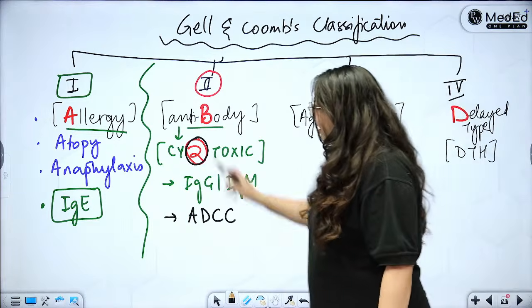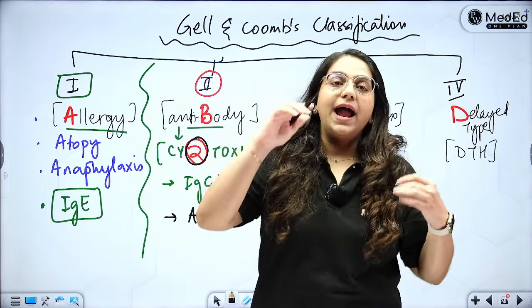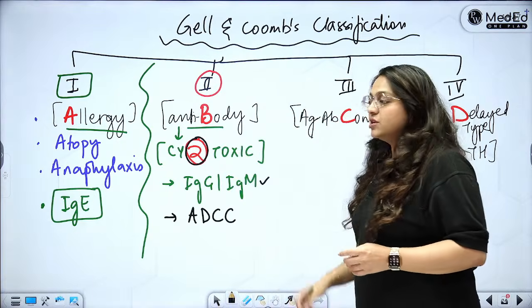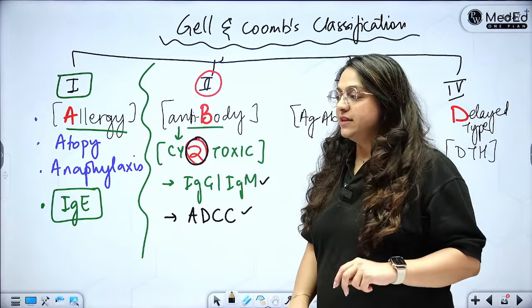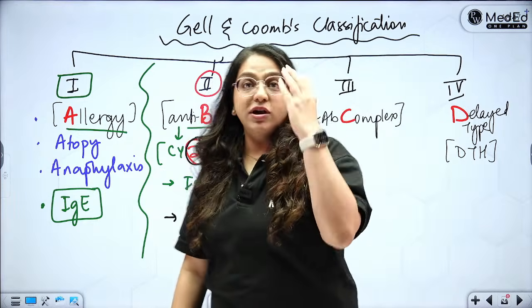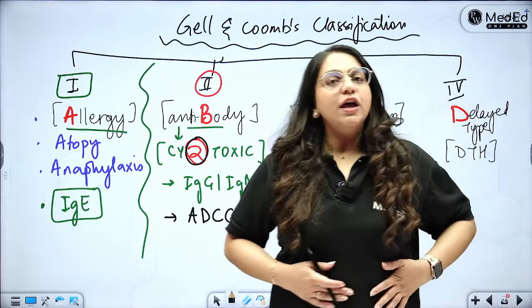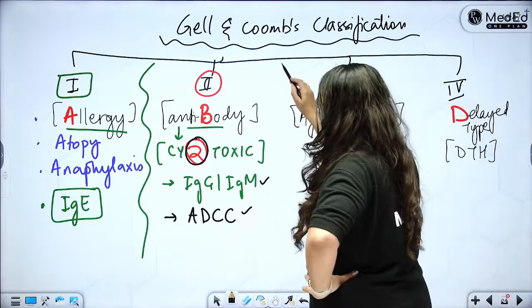So what are the main mechanisms of type 2 hypersensitivity? Antibody mediated lysis and antibody dependent cellular cytotoxicity. So IgG or IgM mediated neutralization, or there is ADCC formation, or of course if antigen antibody is forming, the antibodies are acting, so they can also take help of the complement system. कोई बात नहीं, right? Done.